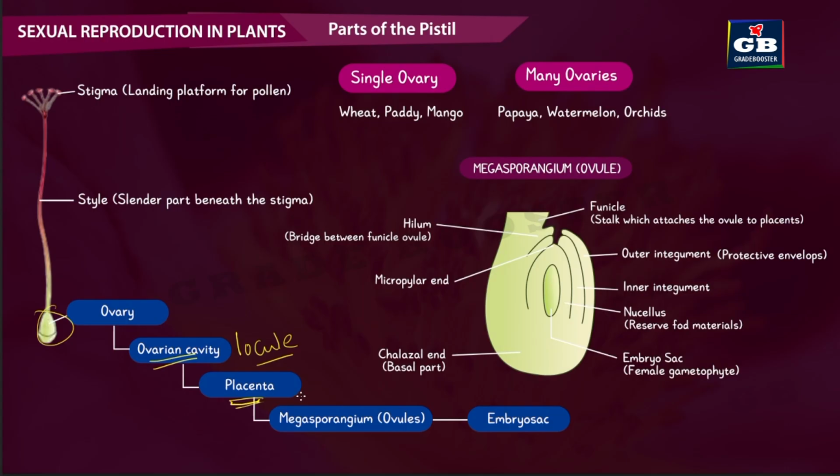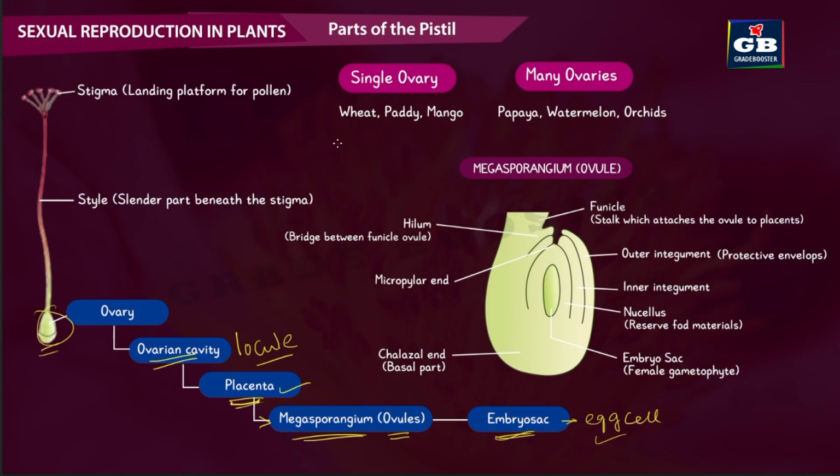Placenta is the tissue from which the ovules are formed. Ovules are called megasporangium. Megasporangium is formed from placenta. So these ovules consist of embryo sac, and this embryo sac consists of egg cell and other cells.